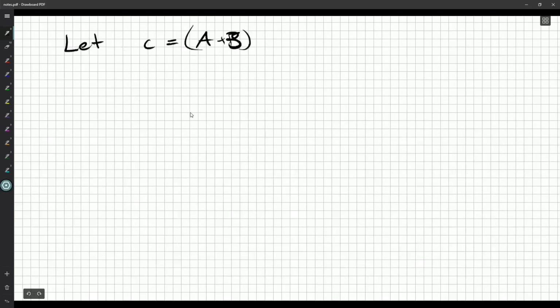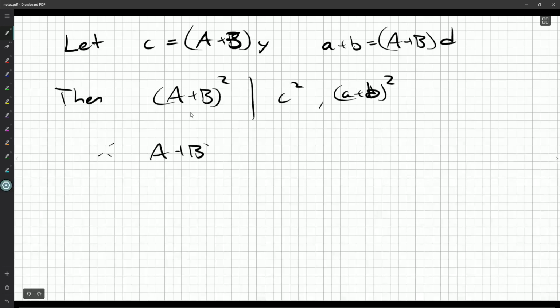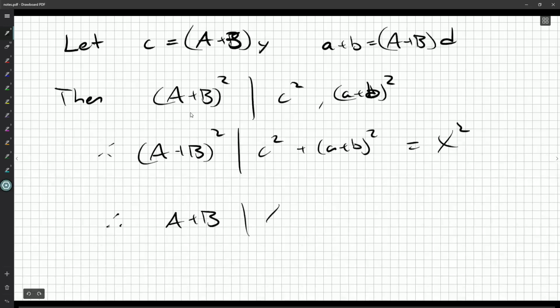I don't want to use X. Let's say Y. Sure, Y. And then A plus B is capital A plus capital B times D, but this is going to force X to be divisible by A plus B as well. So capital A plus capital B squared must divide those. Therefore, it divides their sum. That's x squared, and therefore A plus B divides x.